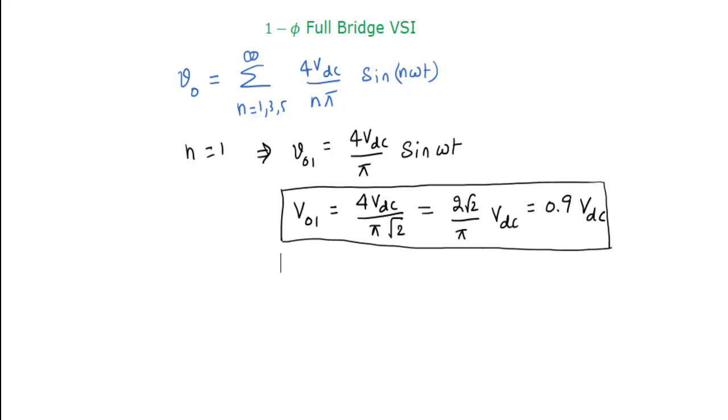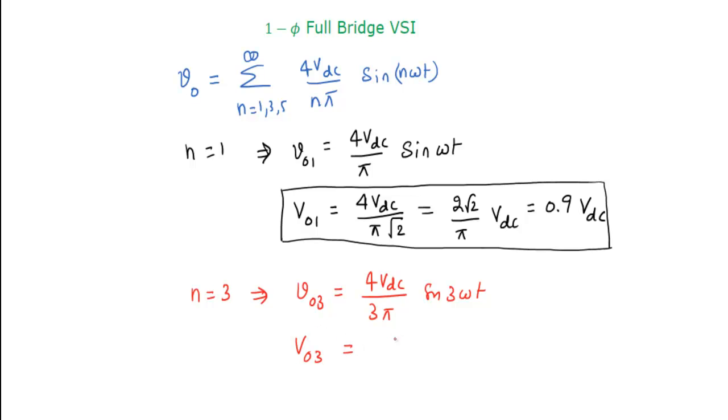Now substitute n equal to 3. If n equal to 3, everything is same, we need to substitute n equal to 3 in the Fourier series. That means 4 VDC by 3 pi sin 3 omega t. This is again a sine wave, but the frequency is different. Even when the frequency is different, if it is a sine wave, the RMS value will use the same formula.